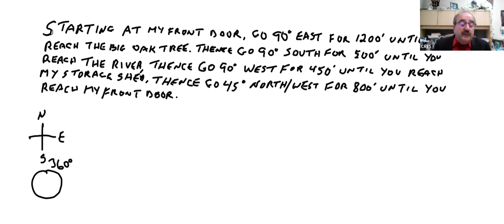Now, a full circle is 360 degrees. We cut that in half, we have 180 degrees. A right angle happens to be 90 degrees. In between that, 45 degrees.